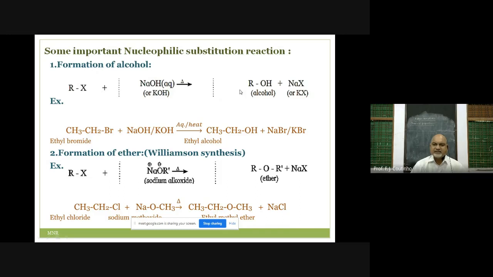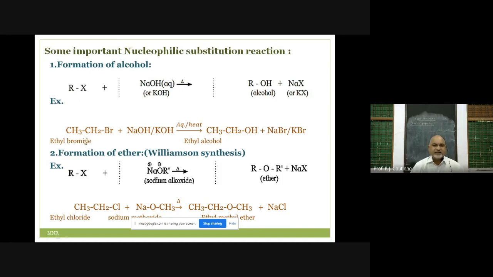And as such, OH substitutes X, and that's why we get an alcohol, that is ROH, and sodium halide is formed. So either you can get sodium halide or potassium halide. So by this you can get alcohols from alkyl halides.